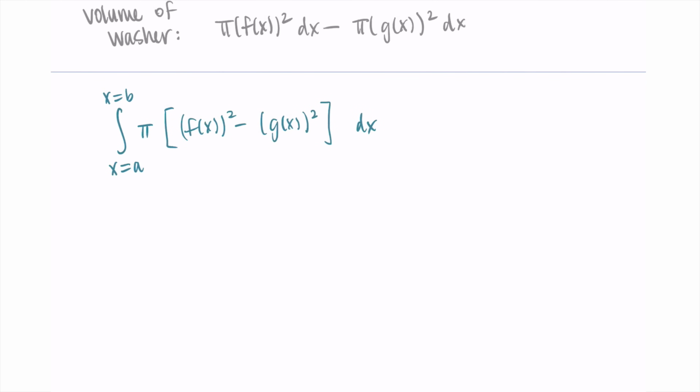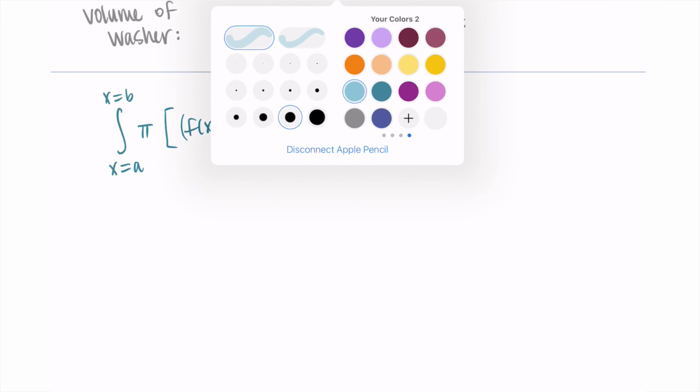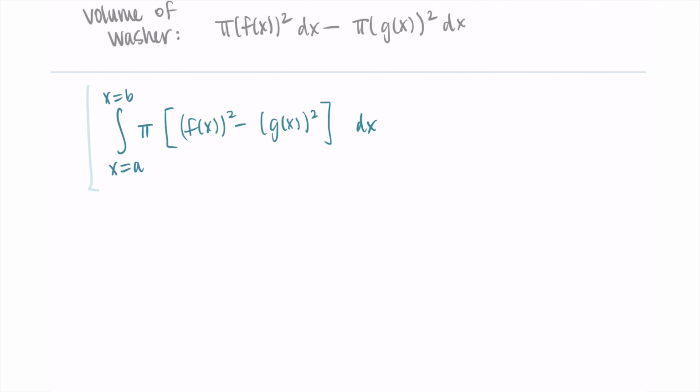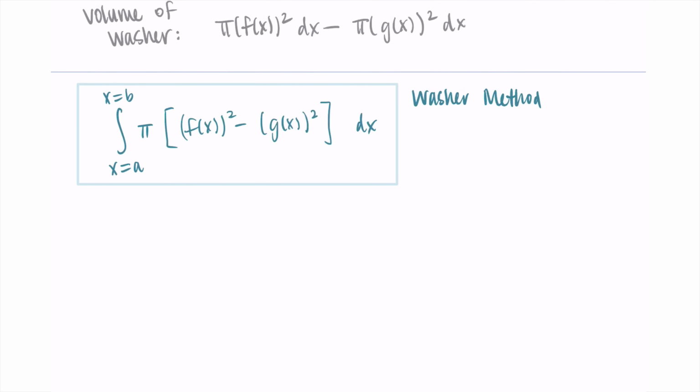And so this is my formula for the washer method for a volume revolved around the x-axis. So let's write that out. This is the washer method for revolving around the x-axis.